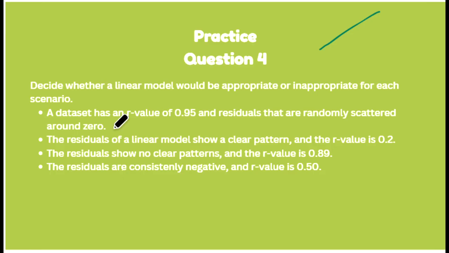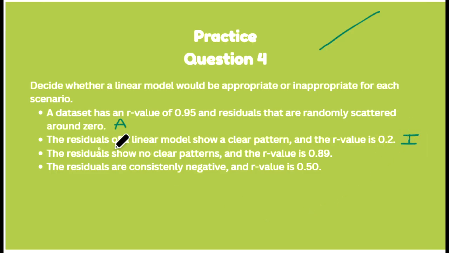Okay, so is this appropriate or inappropriate? This one's appropriate. The residuals of a linear model show a clear pattern, and the R value is 0.2. Okay, should we see a clear pattern in any of our residuals? No.